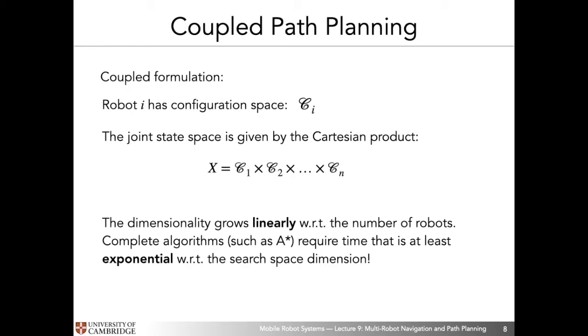And it's simply the concatenation of these various configuration spaces. So note that the dimensionality of a problem grows linearly with respect to the number of robots in this case, right? Because we're concatenating the various configuration spaces. And as we've already established, we know that algorithms such as A* require time that is at least exponential with respect to the search space dimension.